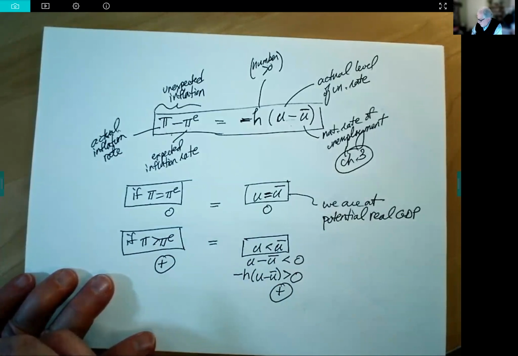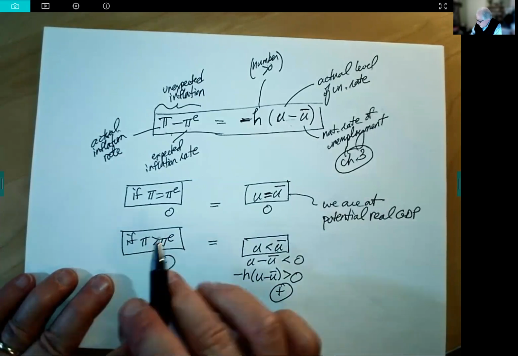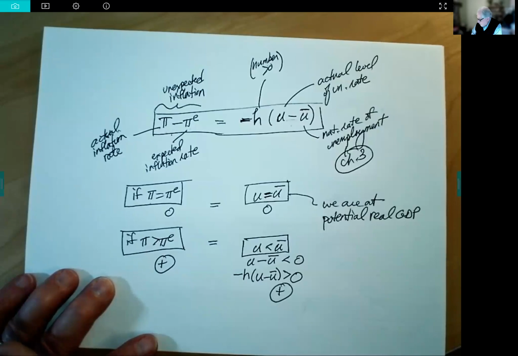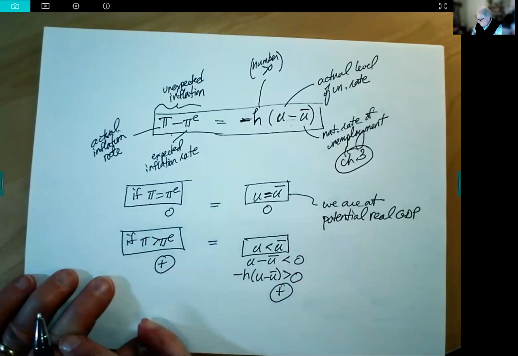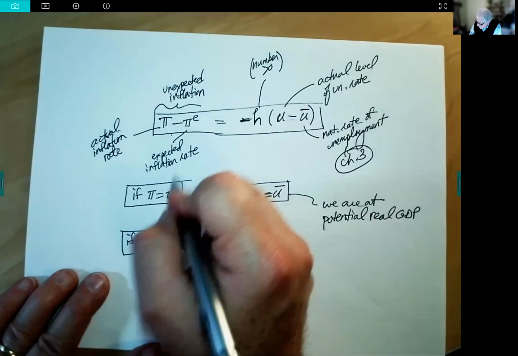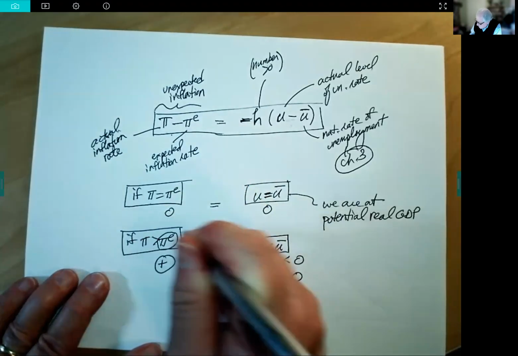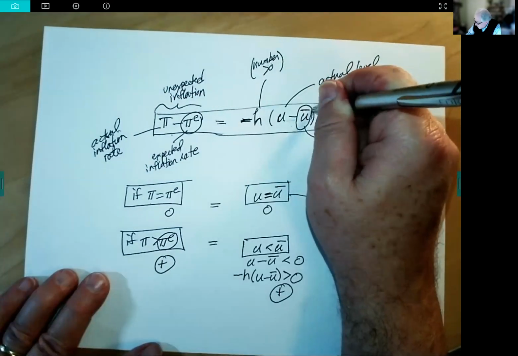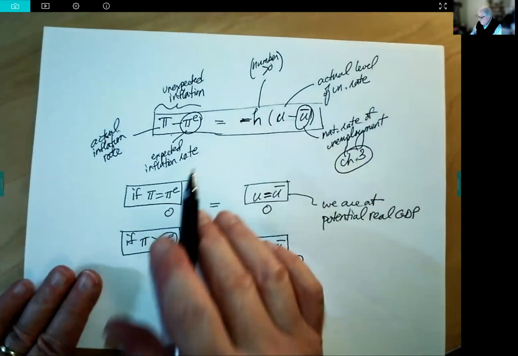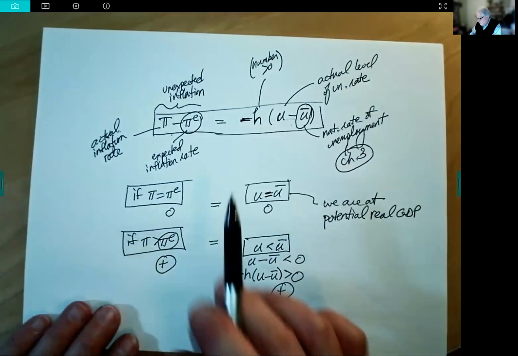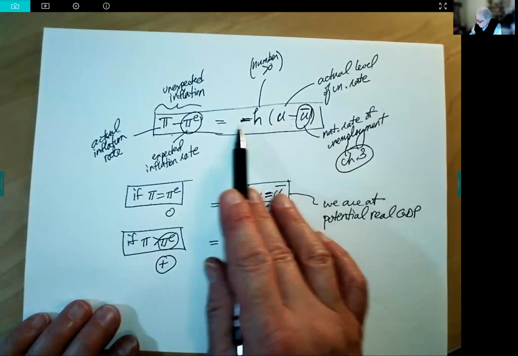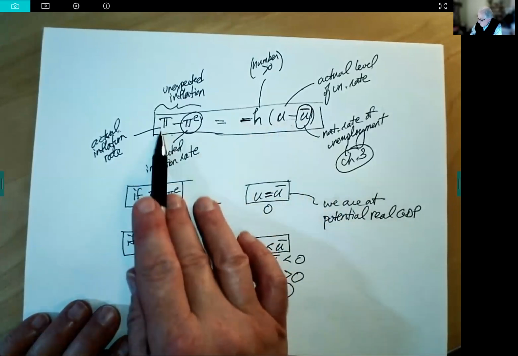In other words, the actual level is low, right? And the higher is inflation relative to the expectation, the greater is the unemployment rate, less than the natural rate of unemployment. So that by itself suggests that as long as expected inflation and the natural rate of unemployment aren't changing, there's a direct relationship between inflation, a negative relationship.